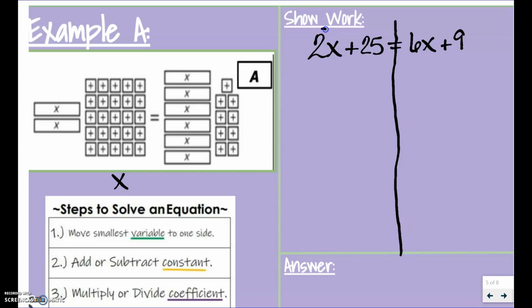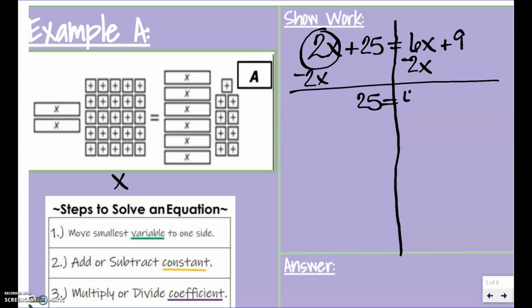Same steps. I'm going to circle my smallest variable, which is 2x. So I'm going to subtract 2x on both sides. I'm left with 25 is equal to 4x plus 9. Step 1 is done. Now I need to add or subtract my constant. So I'm going to do 25 minus 9 because 9 is my constant.